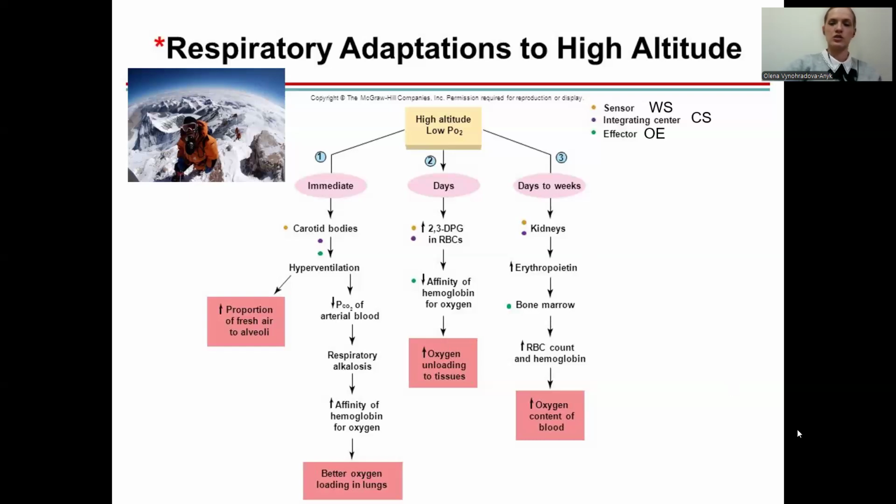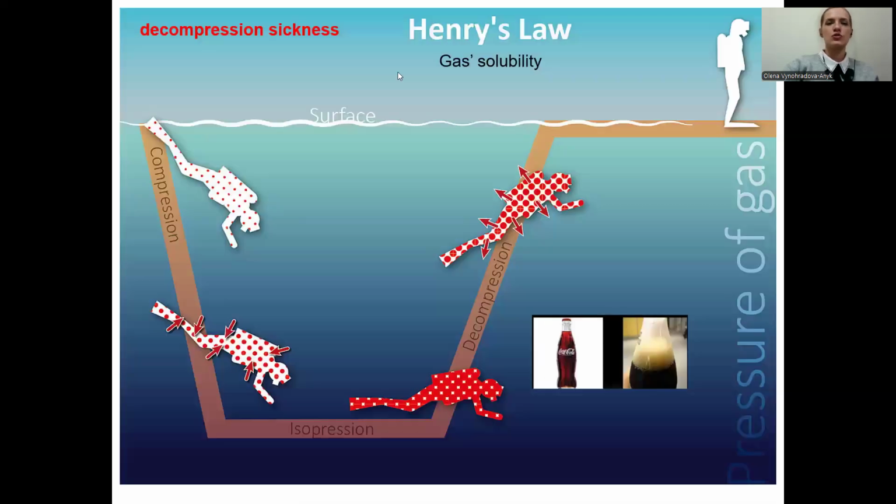Erythropoietin has an influence on red bone marrow. As a result, we have increased production of RBC, and the count of RBC and hemoglobin is increased, and the oxygen content of blood is also increased.